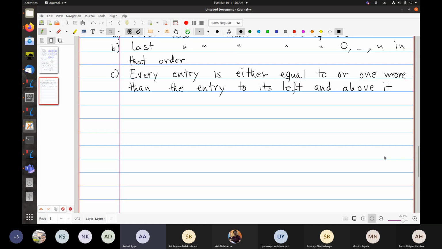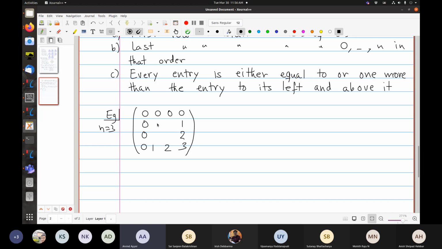So let's construct all corner sum matrices of size 3. Okay, so what do we have? It's n equals 3. So the first row and first column is all zeros. The last row and column is up to 3.